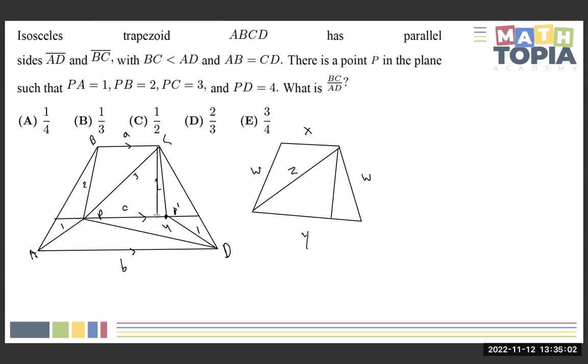We could do this to each of these isosceles trapezoids, but that would be a bit messy because there's a lot going on in this figure. So let's just try doing it like this.